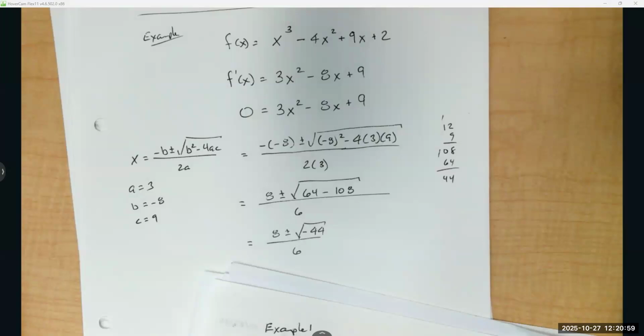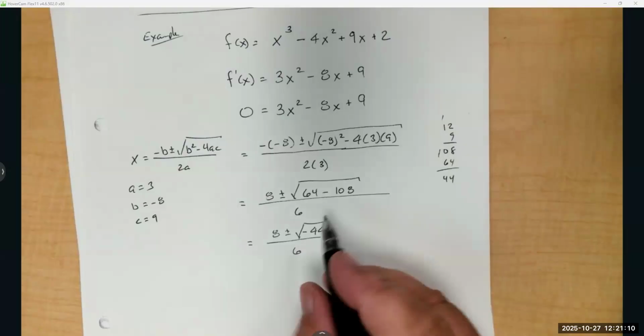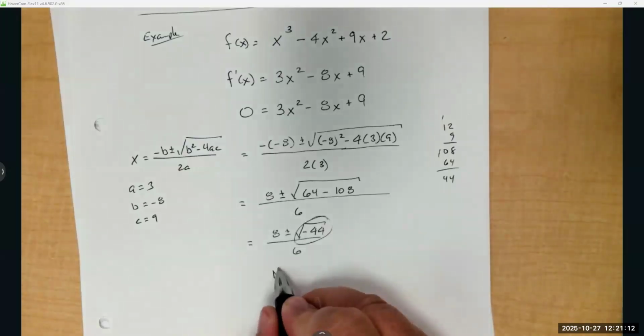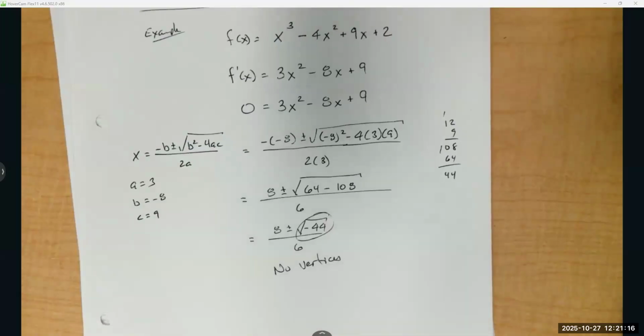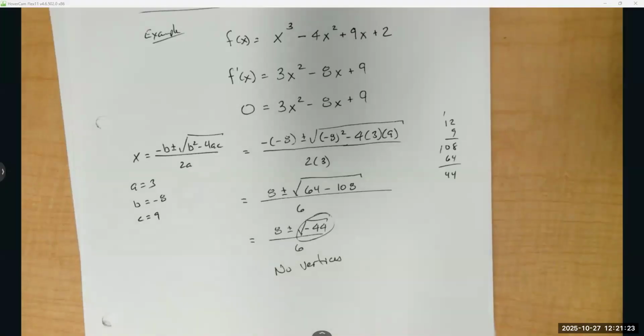So the example I had originally, that's exactly what this says. Since this is imaginary, there are no vertices. I was going to ask you, is that possible? We just have one.